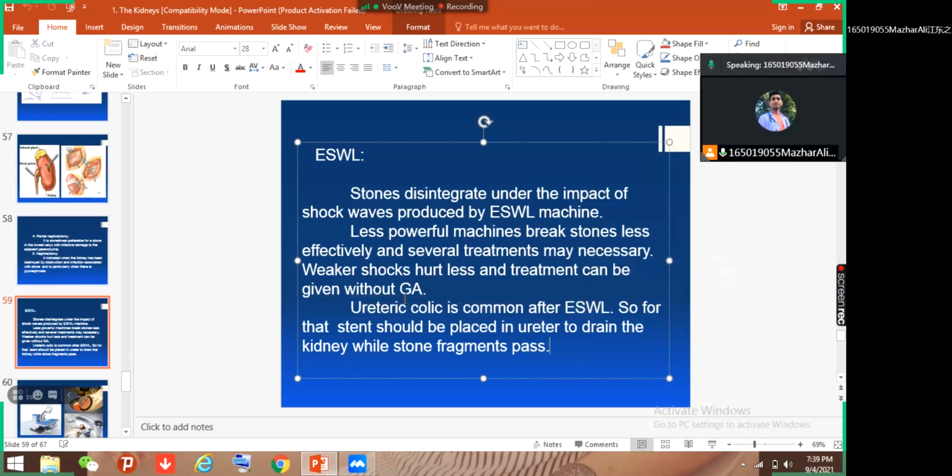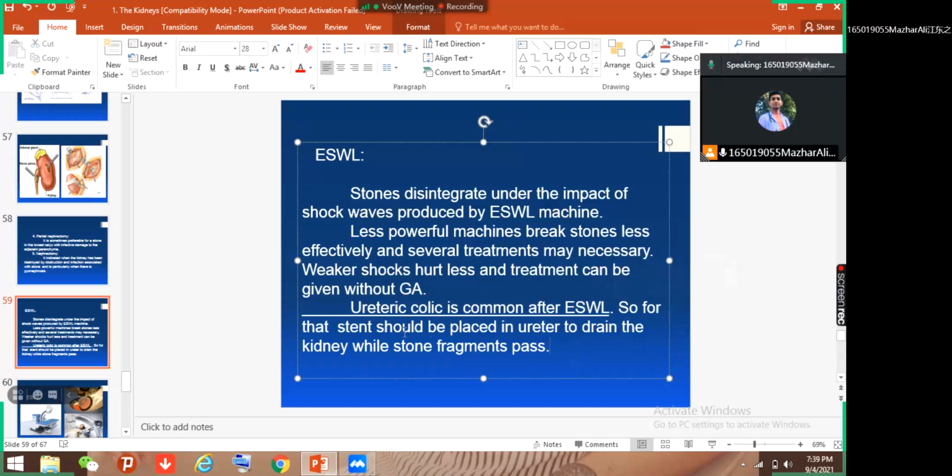They said that ureteric colic is common after ESWL. Why? Because after ESWL, when you break down the stone, the stone fragments pass through the ureter. Maybe after this procedure some stones get stuck in the ureter and lead to ureteric colic or ureteric stone.